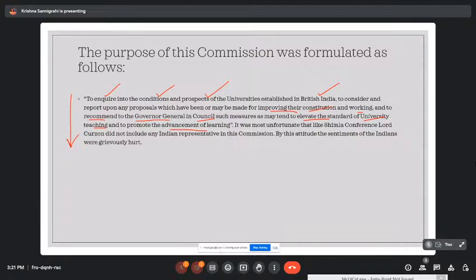So we see that the main idea is to improve the learning of the people in their colonies, and to create representatives who could be the interpreters and who could help them ease their process of doing business in this country or whichever colony they are in. So again, just like in the Shimla conference, Lord Curzon did not include any Indian representative in this commission. And this attitude in general hurt the sentiments of Indians.